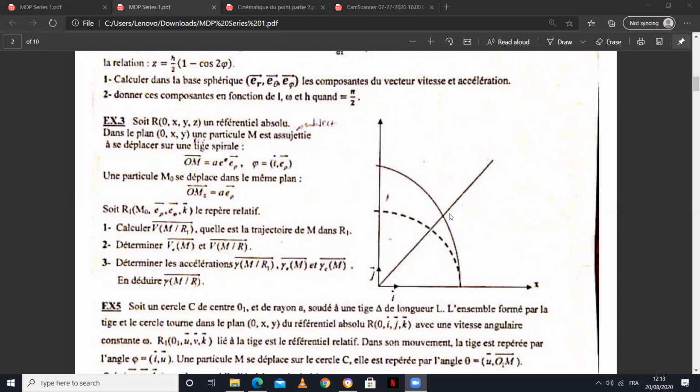And what they're telling us is this point M has been displaced on this tige, and it's also rotating around the vertical axis, which is the z-axis. It's rotating with an angle phi, because they're telling us phi is the angle between I and e_r. So phi is somewhere here.